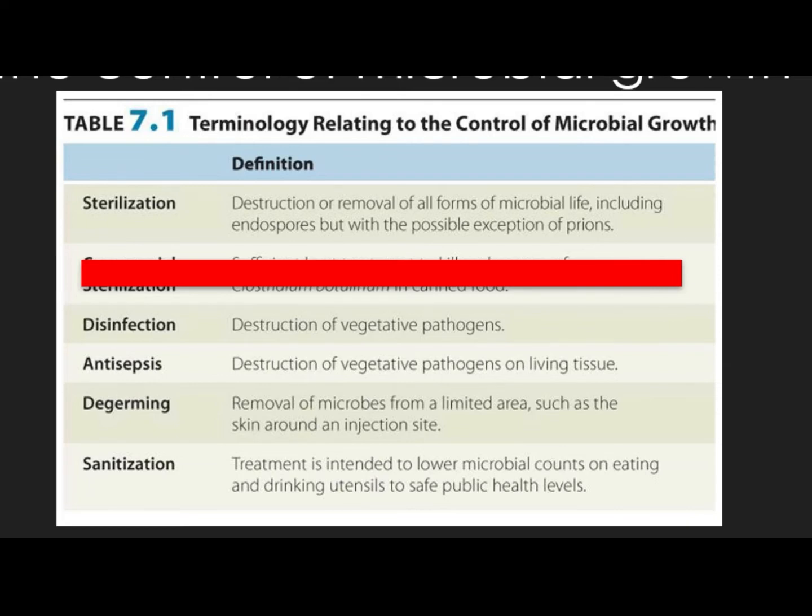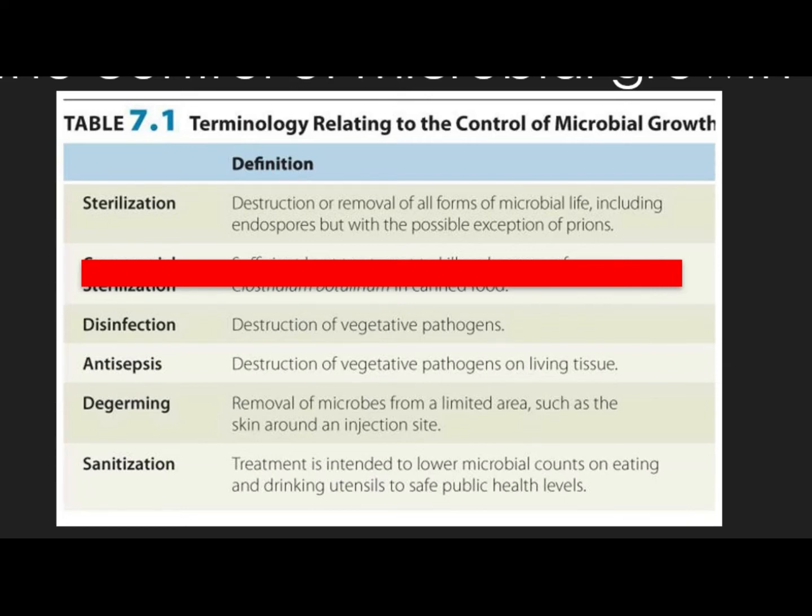The one exception to the way that we typically sterilize would be those prions, the non-living proteins that we talked about in the first lecture unit, which require really intense levels of chemical and physical control in order to destroy them. So sterilization is aimed at killing endospores, and when they kill the endospores, they kill everything beneath that, including viruses and all of the living microorganisms.